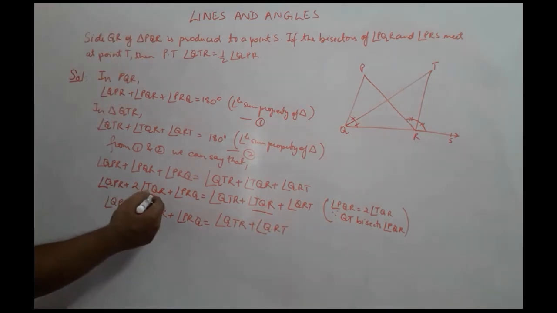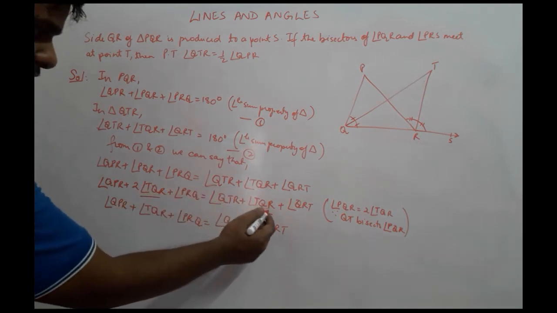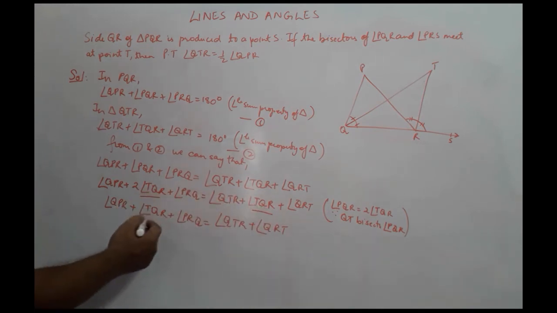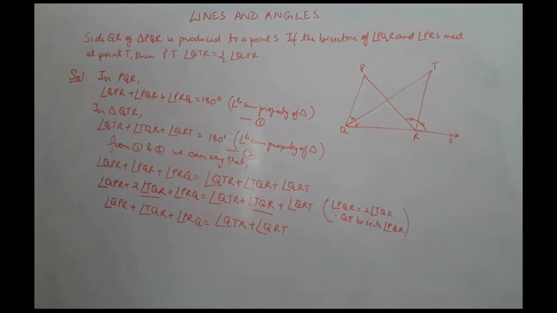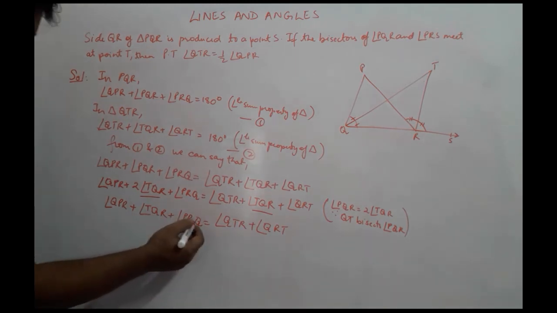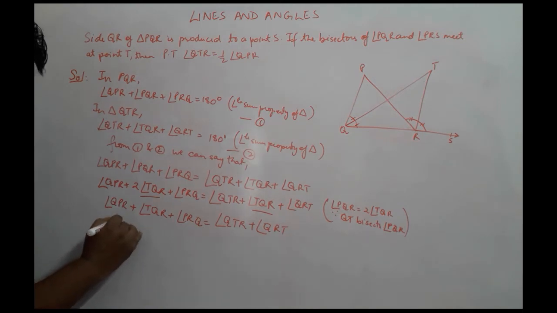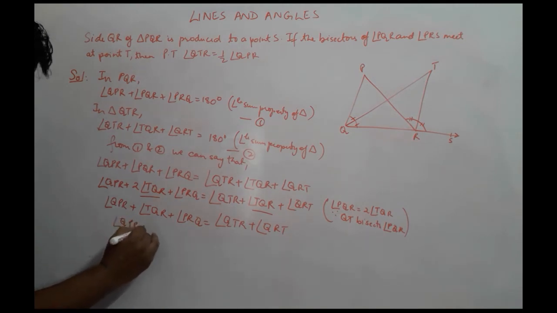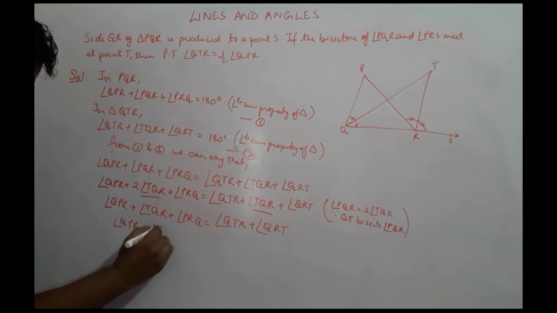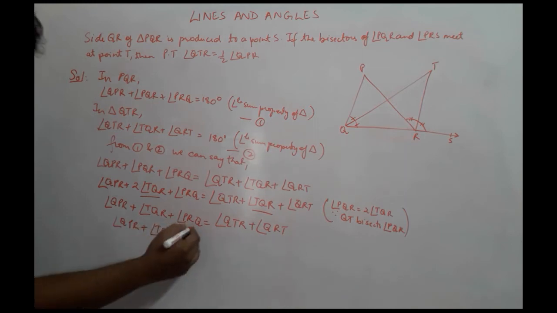So 2 times TQR minus 1 time TQR gives you 1 TQR, angle TQR. Our next step will bring this PRQ on the other side. So on the left hand side, we will only have QPR plus angle TQR, and this we take on the other side.